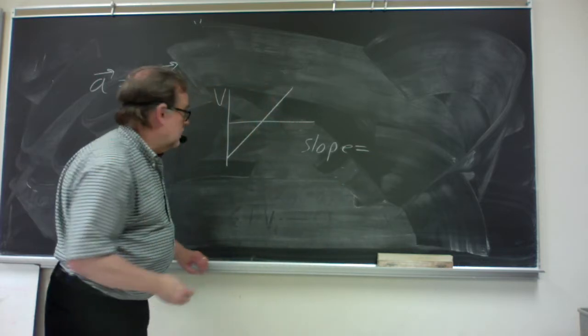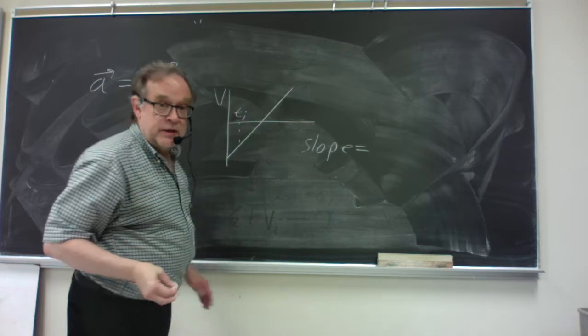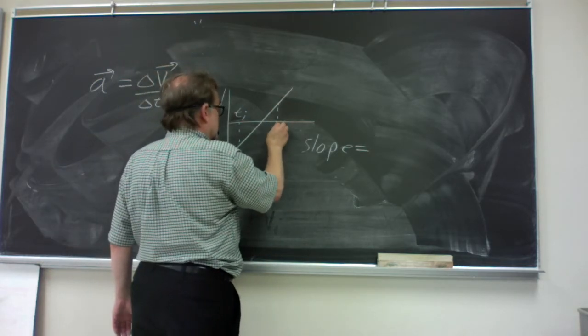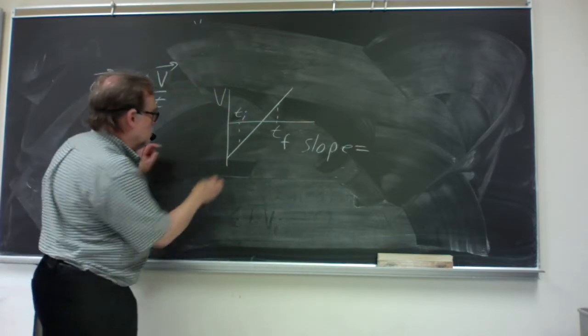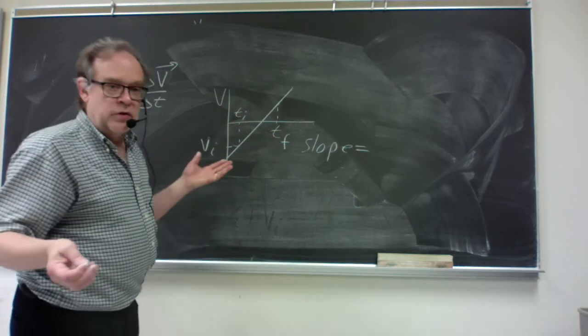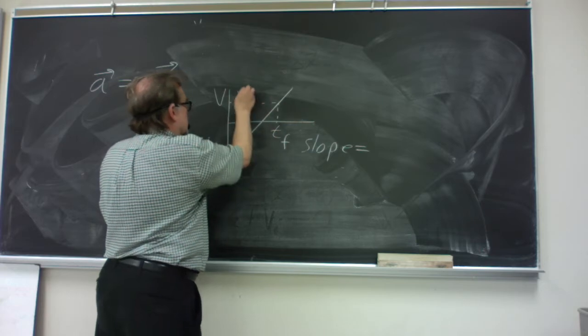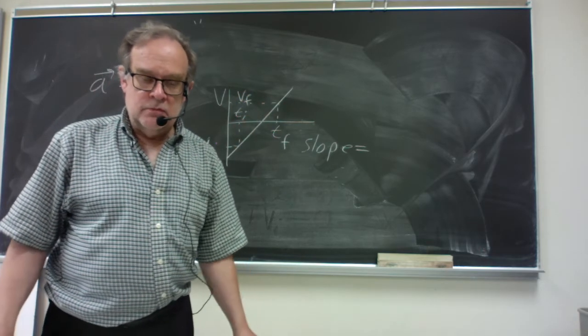Pick 2 points on the line, say one point corresponding to some earlier or initial time and another point corresponding to some final or later time. At the early initial time, the moving thing has some initial velocity. And at the final time, the moving object has a different velocity.